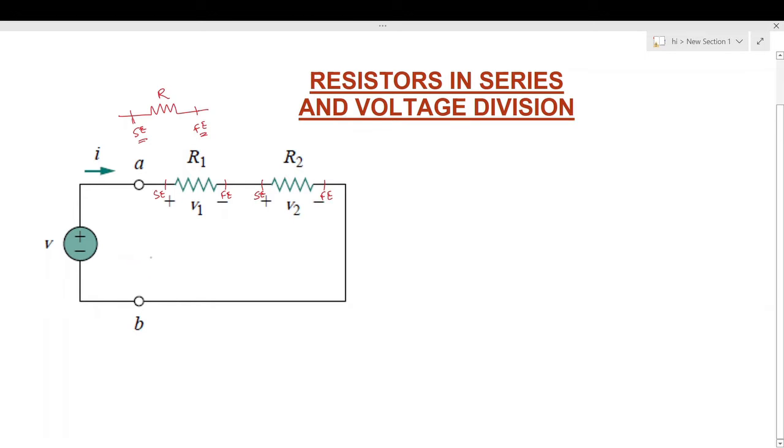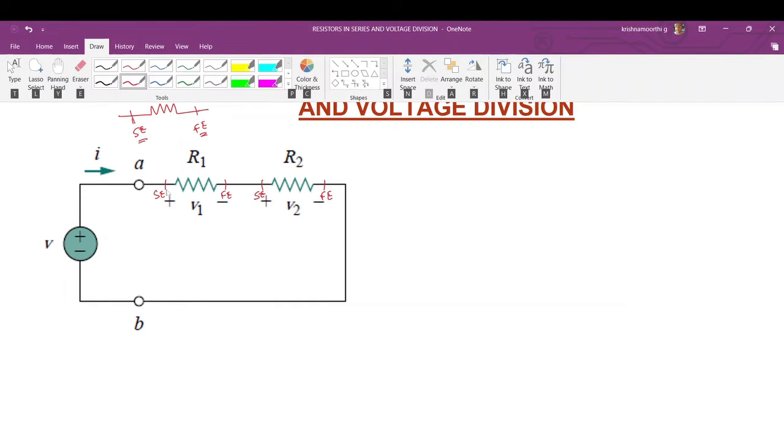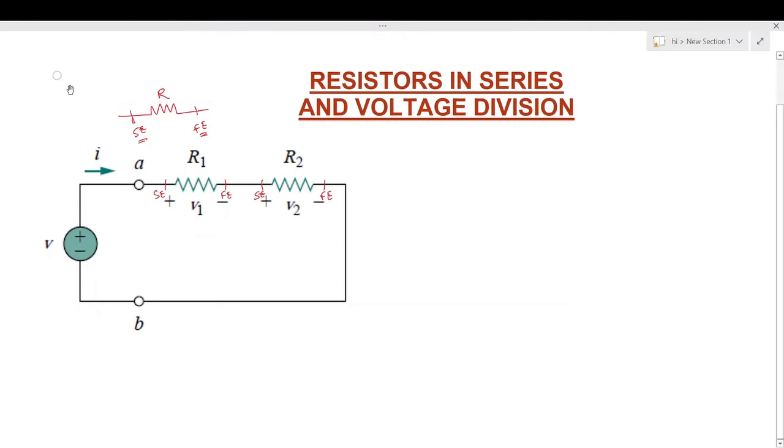For that we need to apply two laws: the first one is Ohm's law and the second one is Kirchhoff's voltage law. We know that Ohm's law is V equals I into R. And the second one is Kirchhoff's law.